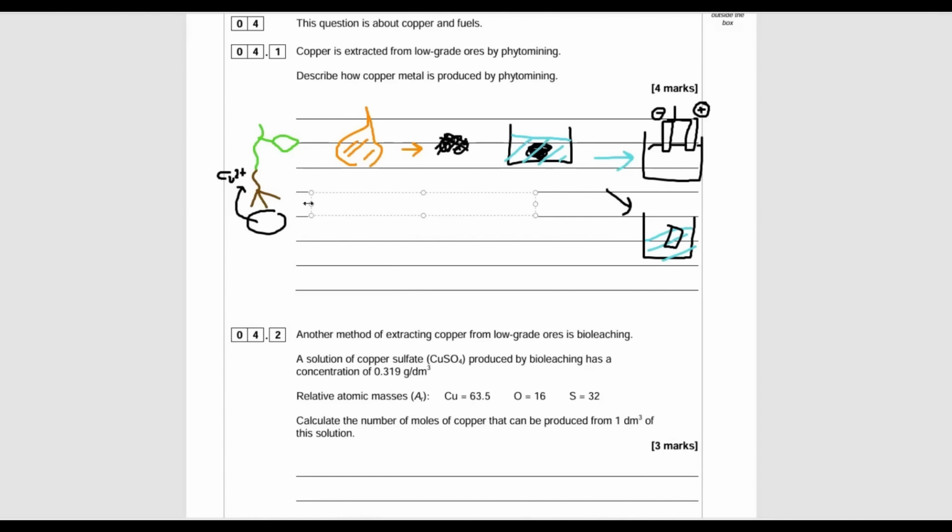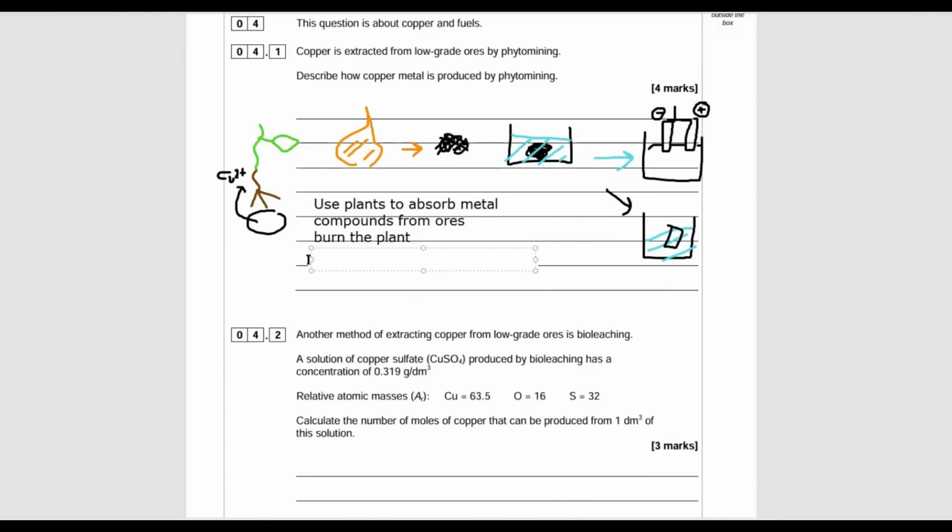Right, so I'm going to put that into 4 bullet points for you. So we're going to say: use plants to absorb metal compounds or ions from ores. Then we're going to burn the plant.